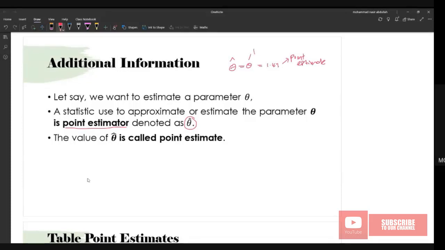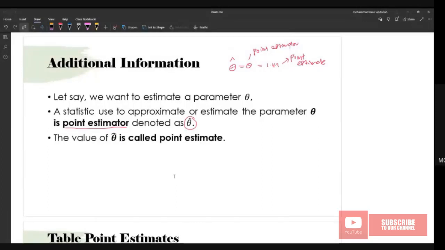I already repeated this many times, so I hope you understand the difference between a point estimator and a point estimate. A point estimate means the value corresponding to the point estimator. The point estimator is the statistic that we use to estimate the population parameter.